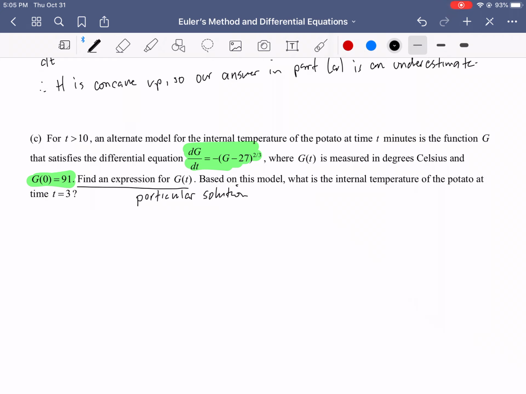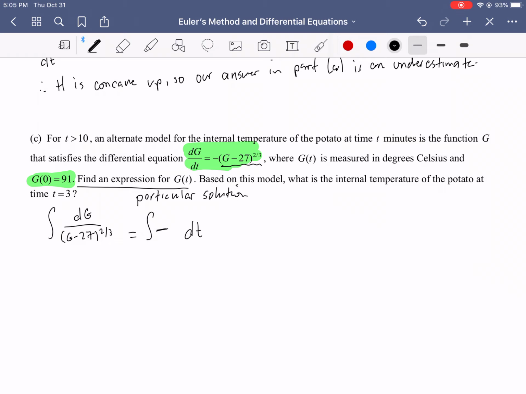So when I separate the variables, I want all of the t's to be on the right side of the equation, so I'm going to multiply by dt. I'm also going to leave the negative over there because it's a constant. And then I'm going to have to divide both sides by g minus 27 to the 2/3. So dg over g minus 27 to the 2/3 power. Okay, that is a successful separation.